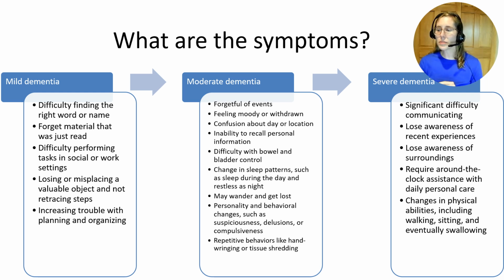And so these symptoms may include difficulty finding the right word or name, forgetting material that you just read, difficulty performing tasks in social or work settings, losing or misplacing a valuable object and not being able to retrace your steps, and having increasing trouble with planning or organizing.